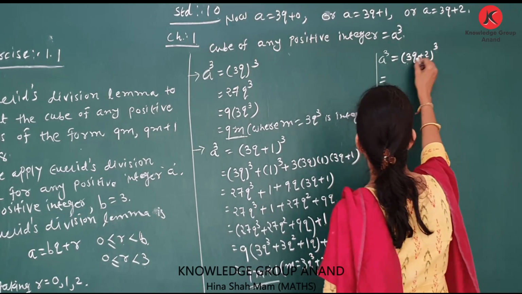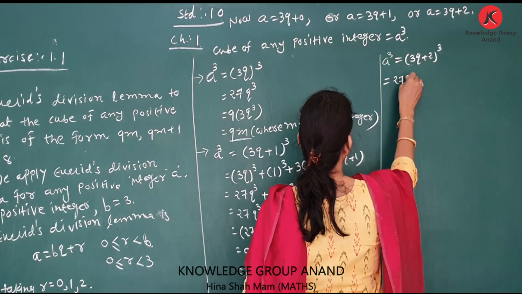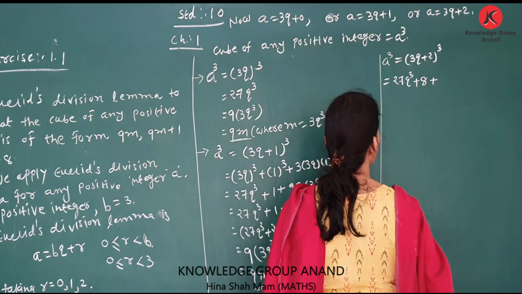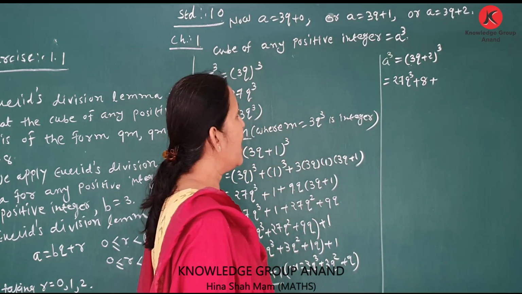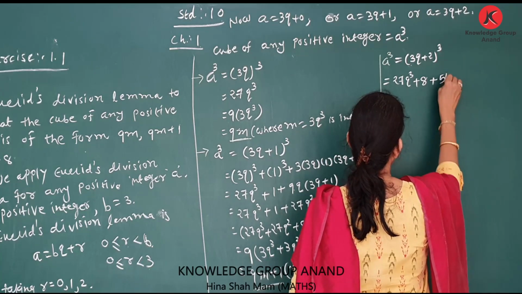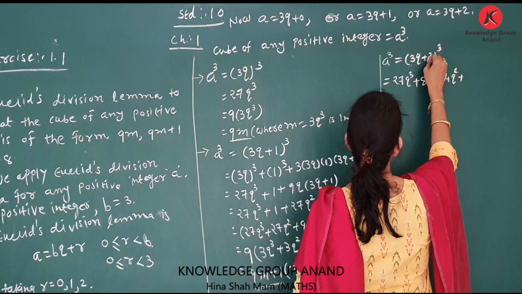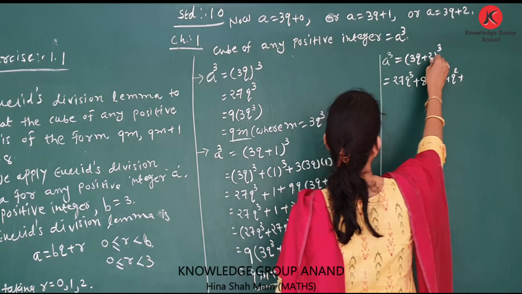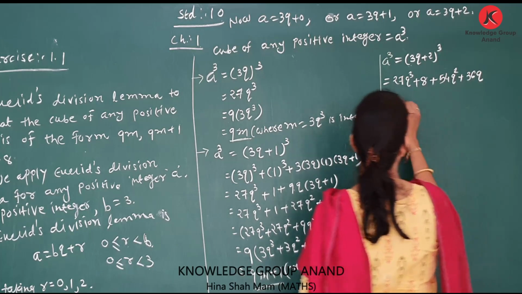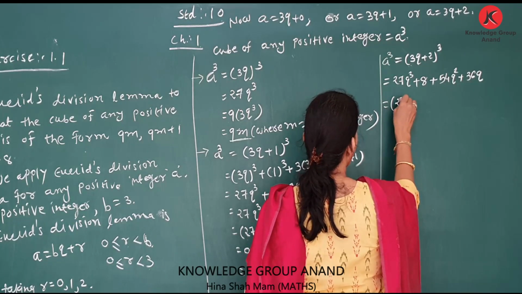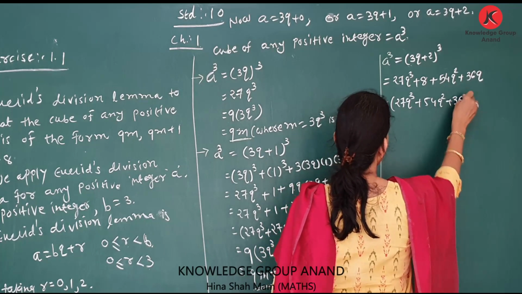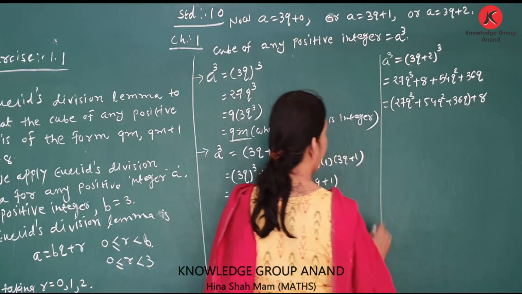Directly we write the cube of the first term, 27 q cube, plus the second term: 3 2s are 6, 6 3s are 18, 18 3s are 54 q square, plus 3 2s are 6, 6 3s are 18 q into 2, 18 2s are 36 q. Here we arrange terms: 27 q cube plus 54 q square plus 36 q plus 8.